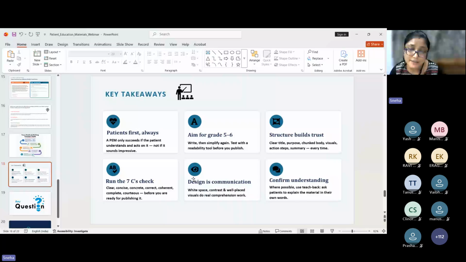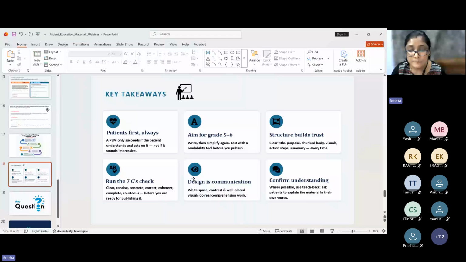Check if your article is clear, concise, concrete, correct, coherent, complete, and courteous before you publish it. Design is communication. White space, contrast, and well-placed visuals do real comprehension work. How you format and design it before final submission really speaks a lot.